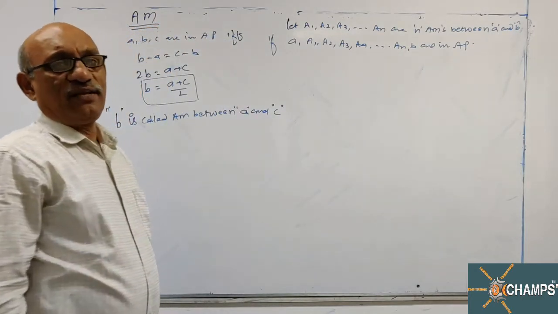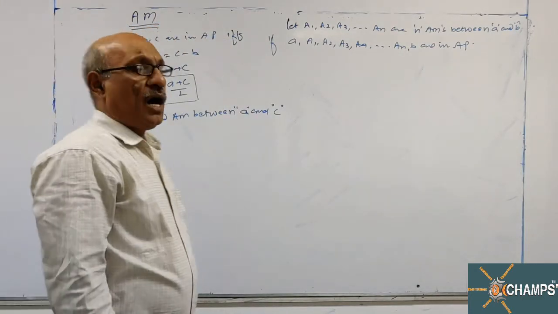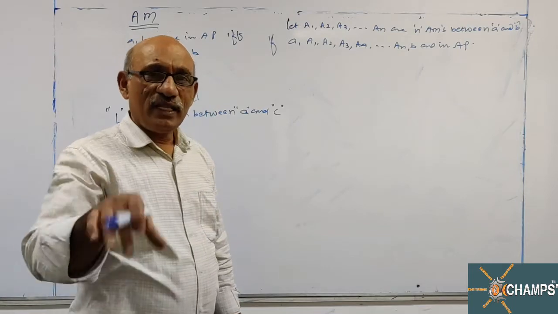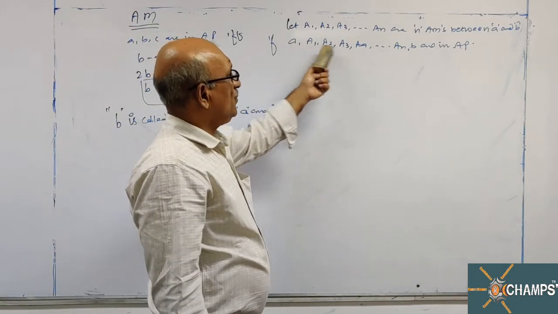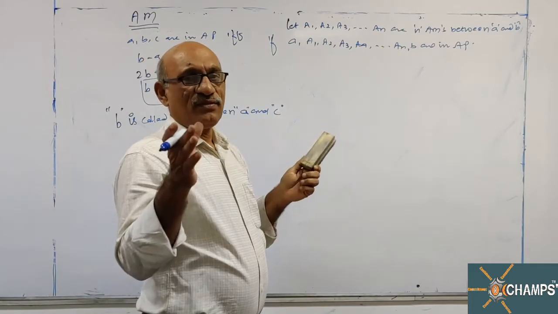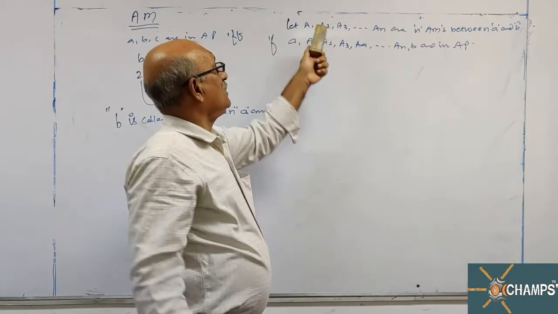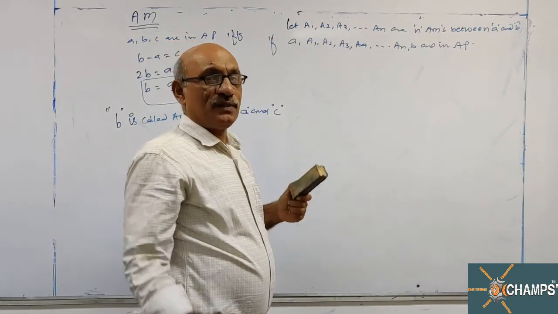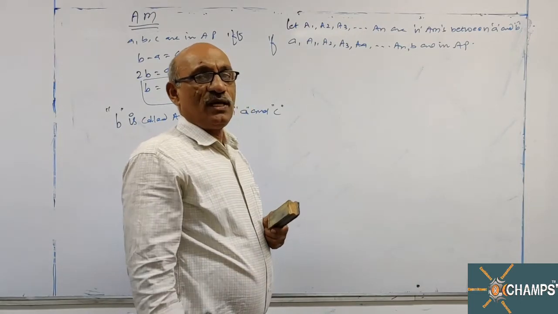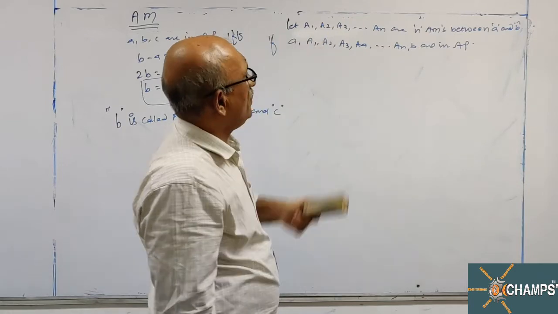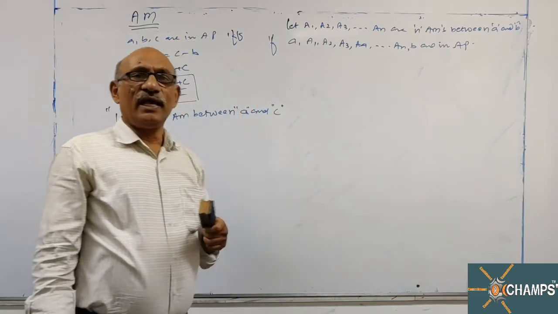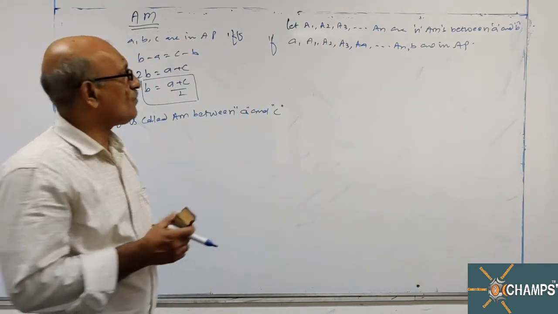A1, A2, A3, etc., An are the arithmetic means between the given two numbers only when this sequence is in AP. It means between the given numbers these values are inserted, then you will get a sequence. If that sequence is in arithmetic progression, then you can say A1, A2, A3, etc., An are in arithmetic progression.